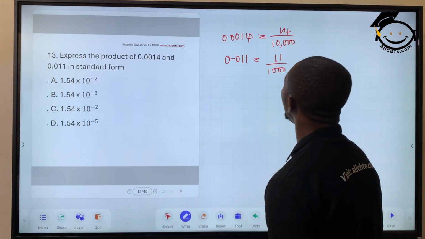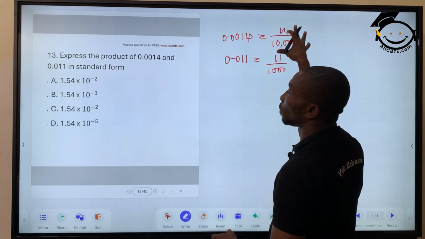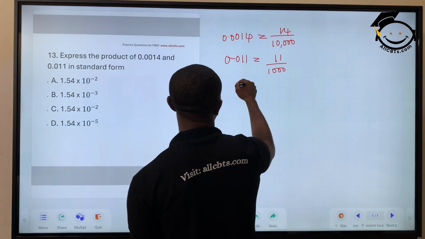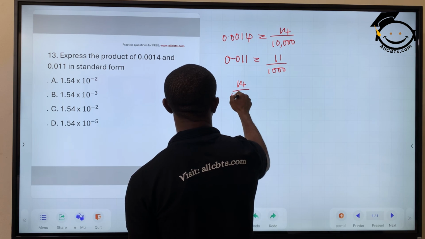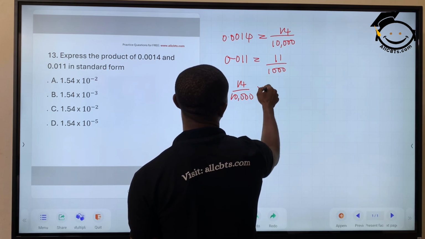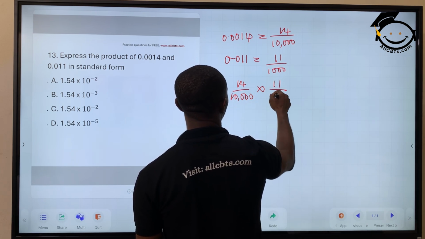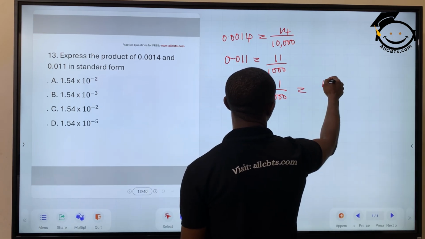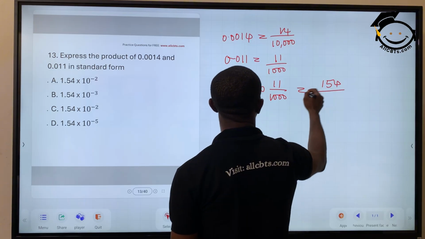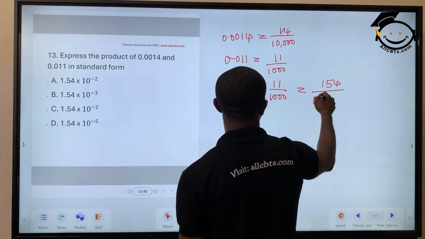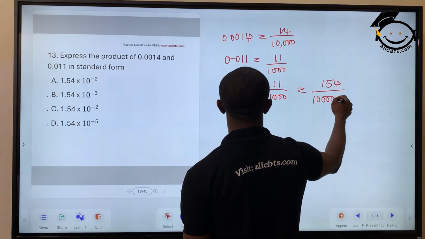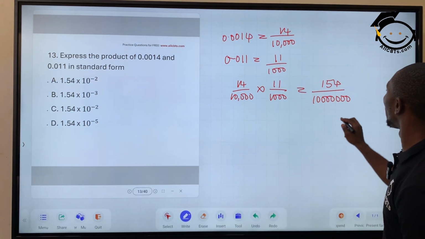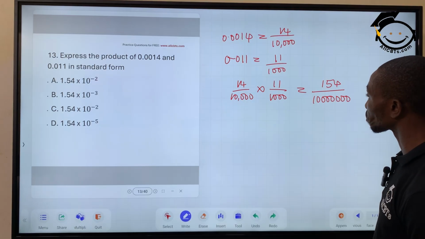Now they said we should express the product of this in standard form. Its product means multiply the two. This will be 14 over 10,000 times 11 over 1,000. So 14 times 11 will give us 154 all over 10,000 times 1,000, which is 1, 2, 3, 4, 5, 6, 7 zeros, about 10 million.